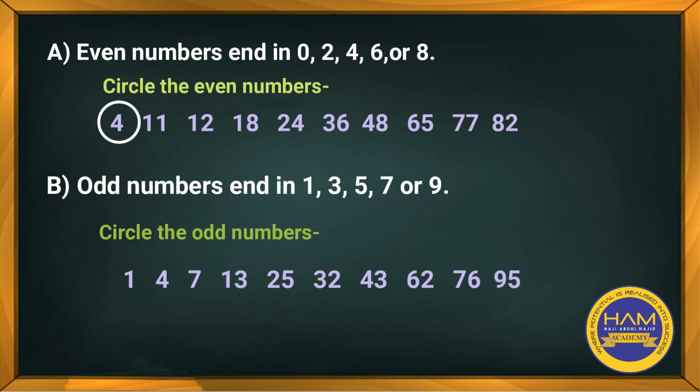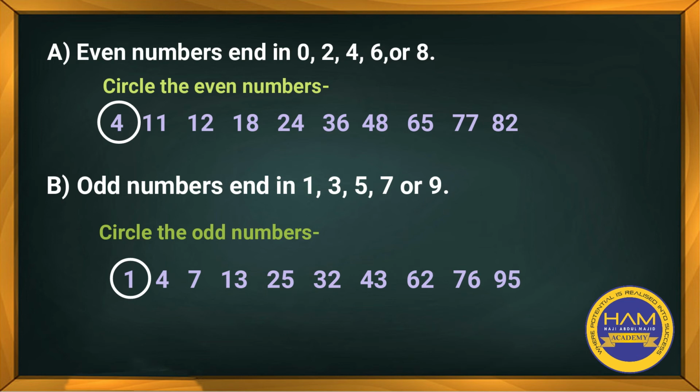The first number is 1. As we know, odd numbers end in 1, 3, 5, 7 or 9. So this number also ends in 1. So this is an odd number. We will circle this number.